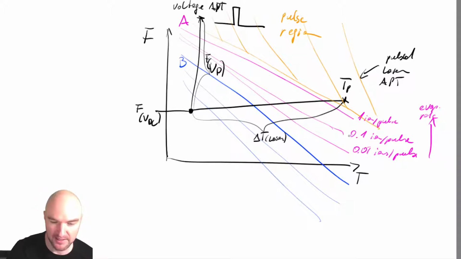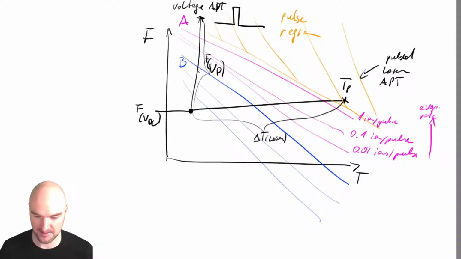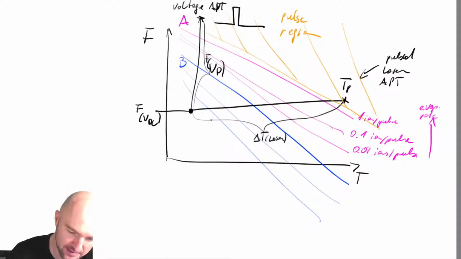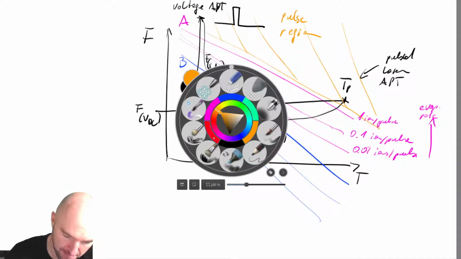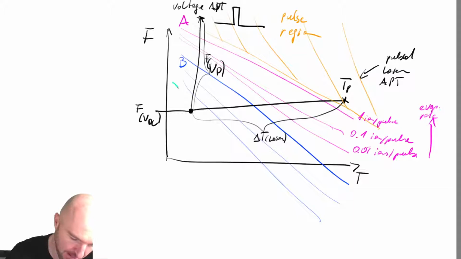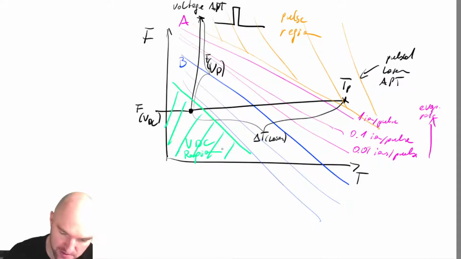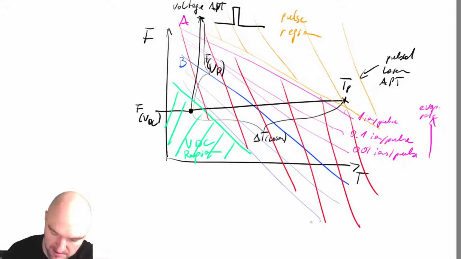But essentially, you could say that this is the VDC region, this is the pulse region, and this is the no-go region.